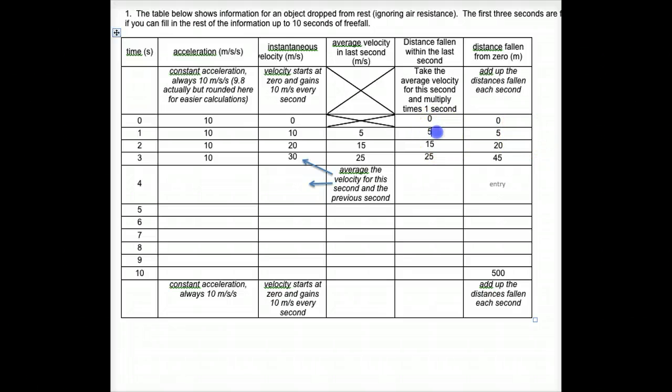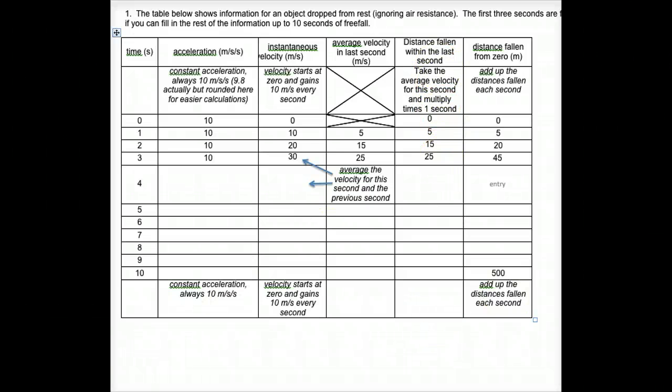Well, here it had already gone 5 meters, it went an additional 15 meters, so the total meters fallen is 20. It had already fallen 15, it dropped another 25, so now the total is 45. Clue here, it should add up to 500. So it says add up the distances fallen each second.